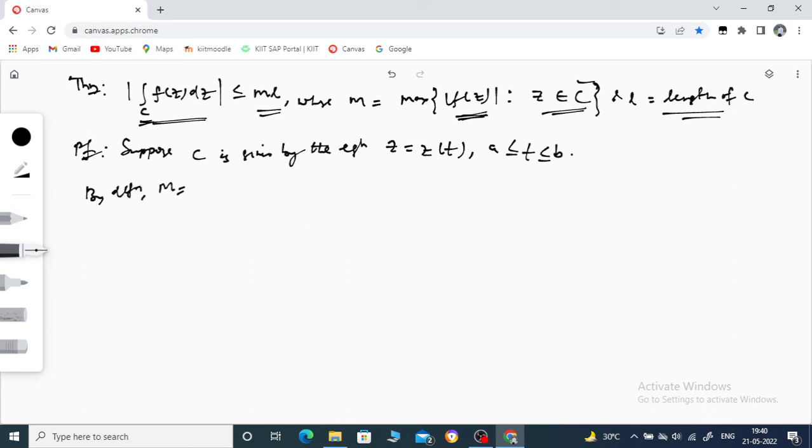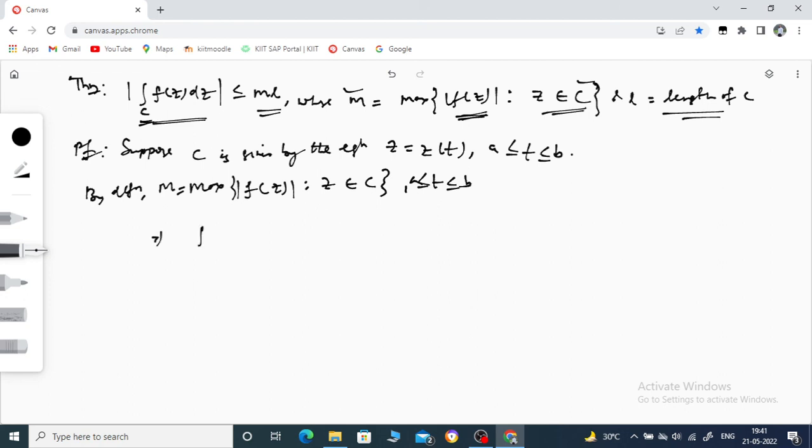By definition M is equal to the maximum of modulus f of z such that z belongs to this curve C. Or you may say that by definition M is equal to this one, where t varies from a to b.